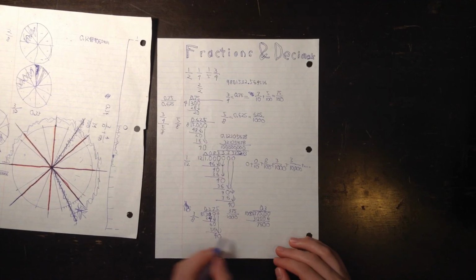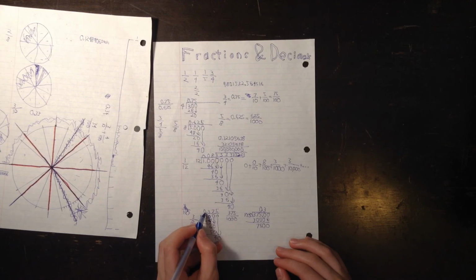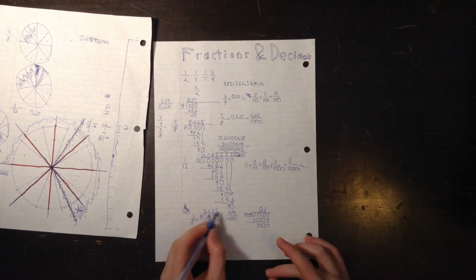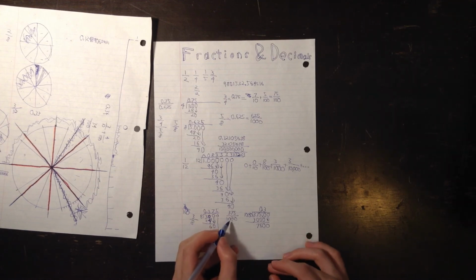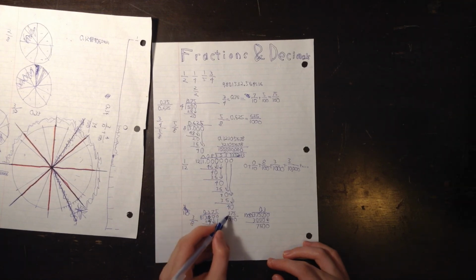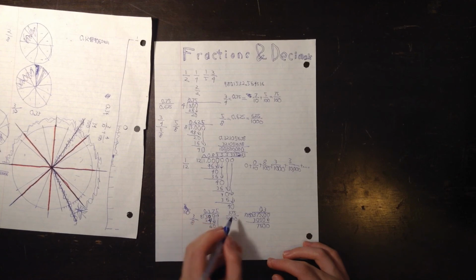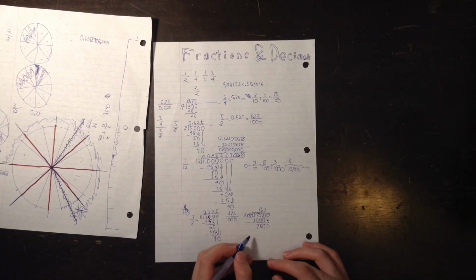Basically what I'm showing is that you can take a fraction, divide it out and turn it into a decimal. And you can just take that decimal and put it over a number with the same number of zeros underneath it, because it actually works. You can take that and divide it back out, and it works out to the same thing.